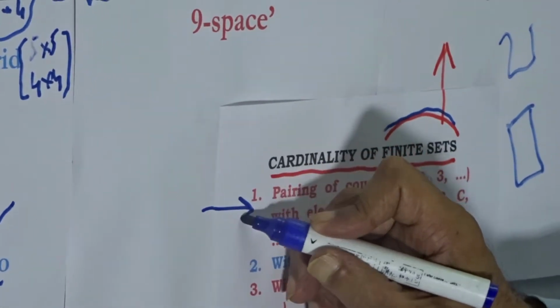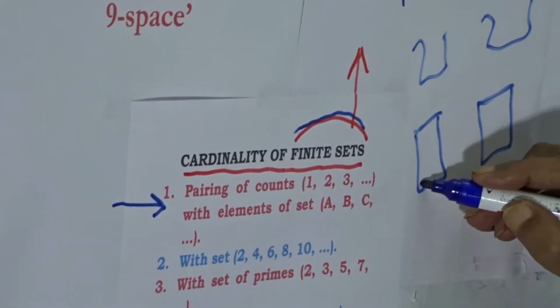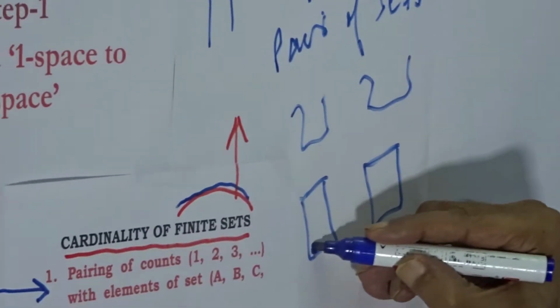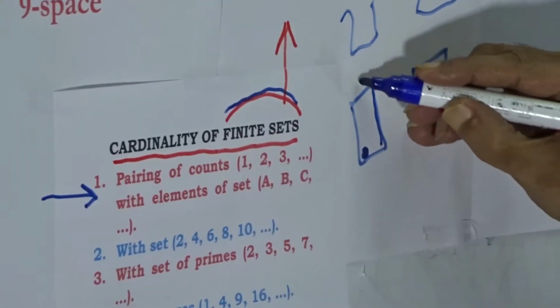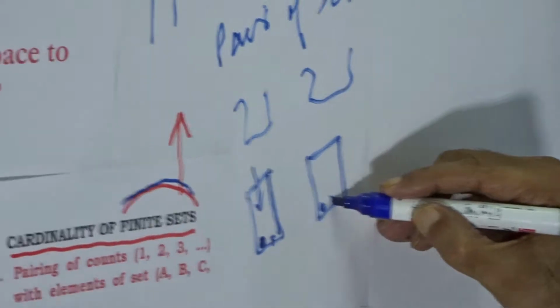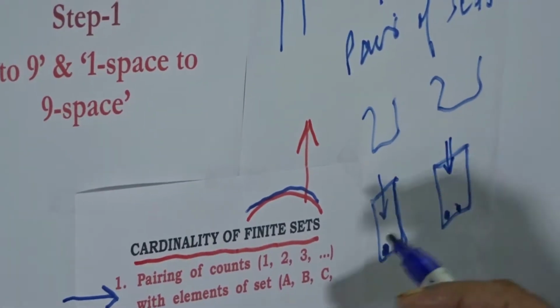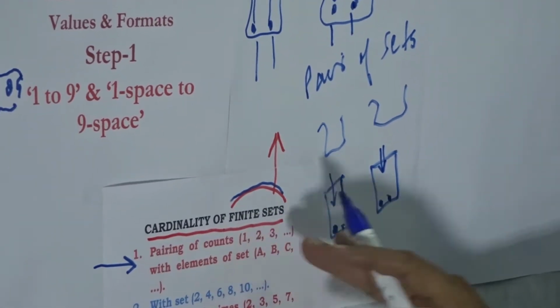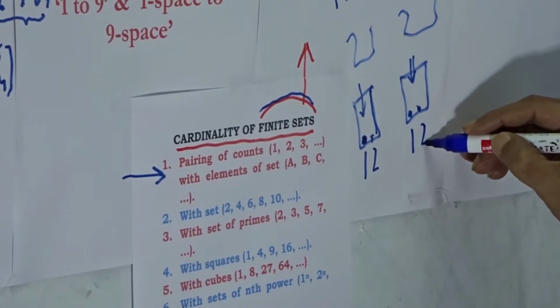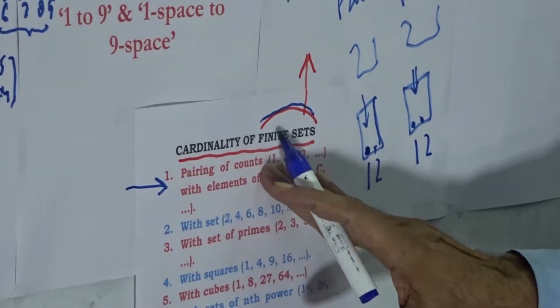So first, association of counts with the entities, say the number of books in the bag of student A and the number of books in the bag of a second student. Then we can associate counts: book 1, book 2, copy 1, copy 2. Then let us have a pairing of counts.